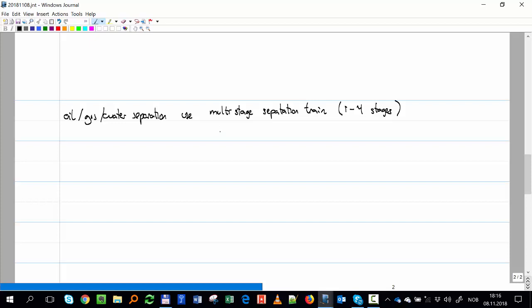And typically, if you're onshore, we can have as many trains as you need. If you go for a very big separator, this will be very expensive, so sometimes it's better to buy a bunch of small separators. Offshore, we don't have that privilege, so normally we use 2 trains, it's very common.